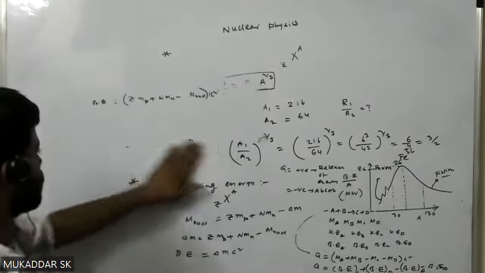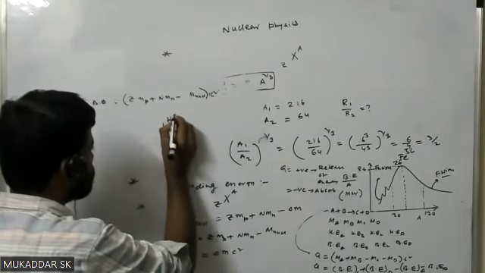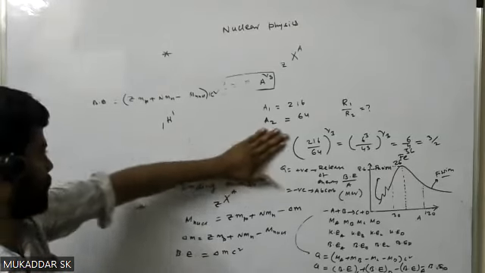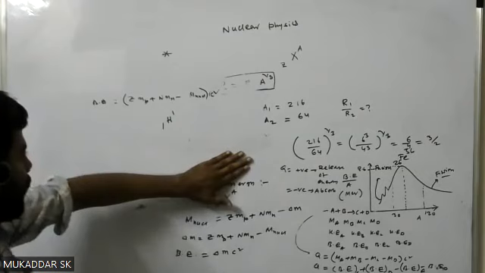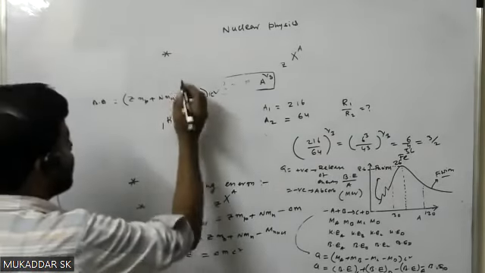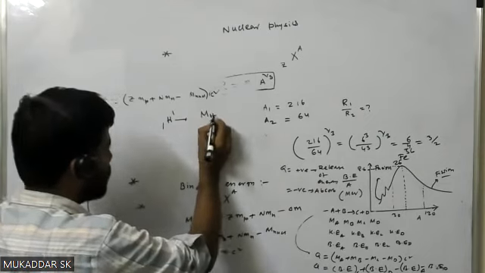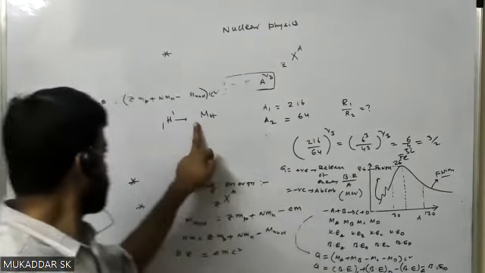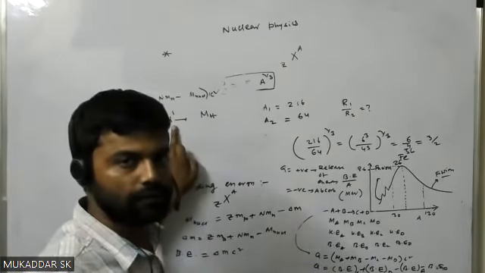Let me give you an example. Suppose you have a hydrogen atom. In the case of a hydrogen atom, this is the hydrogen atom, and the mass of the hydrogen atom is mh. Can you tell me how much the binding energy of the hydrogen nucleus will be?